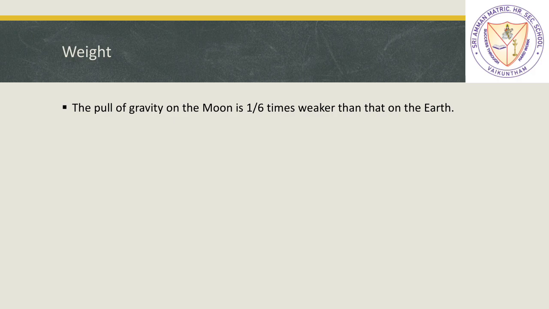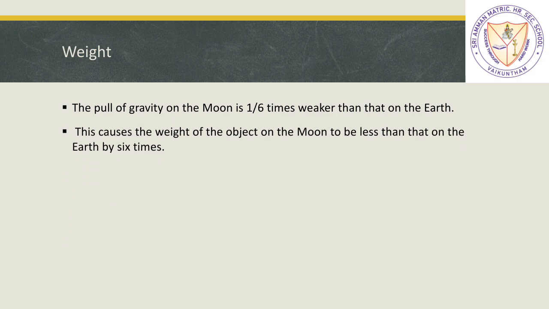That means less. If on Earth it is something like 6 newtons, then on the moon it will be 1 newton. 1/6 times means divided by 6.